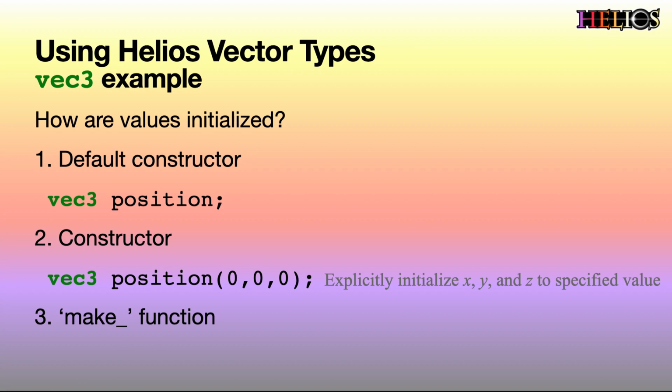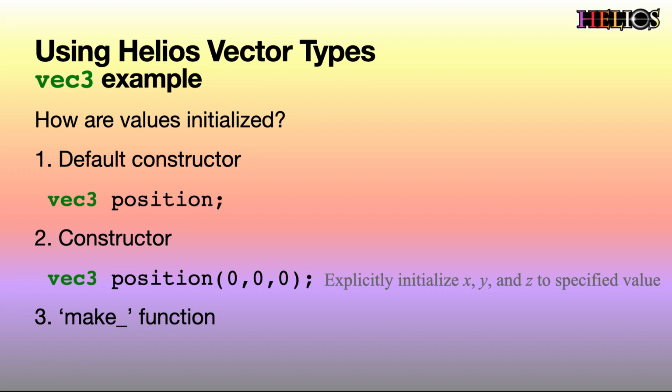We could declare our type. You want to think about the vec3 as just another data type like an int or a float. Then we have the name of our variable. And then if we pass it an argument by using parentheses after the name of our variable, then we can specify the values of x, y, and z in that order. There must be three values.